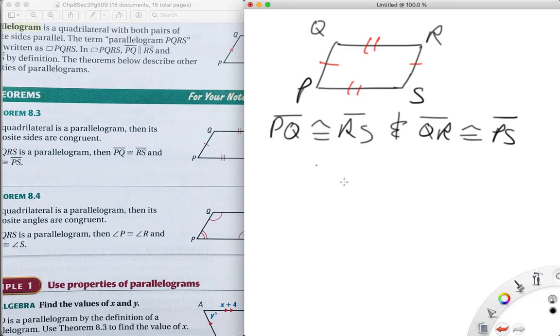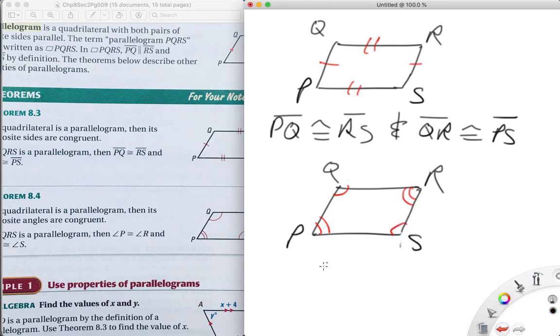That's 8.3. 8.4 says that angle P is congruent to angle R, and angle Q is congruent to angle S.